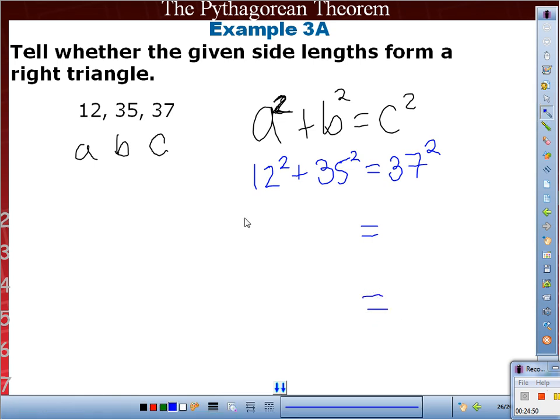I'm going to help you out on this one. I'm going to say 144. Let's see, 35 times 35.